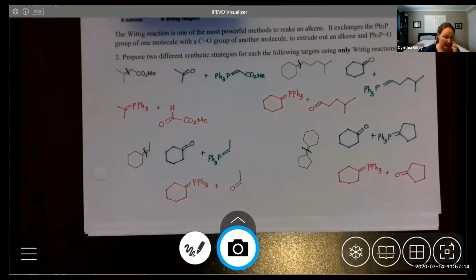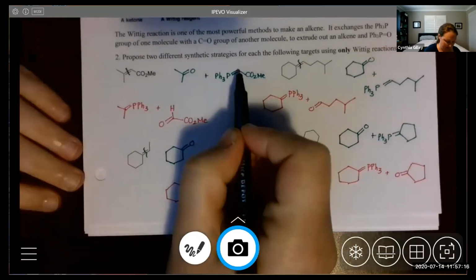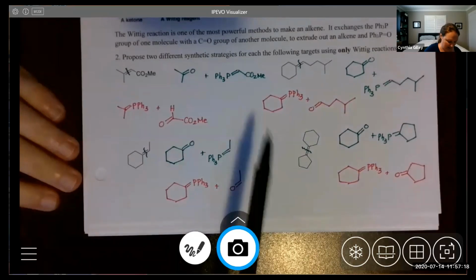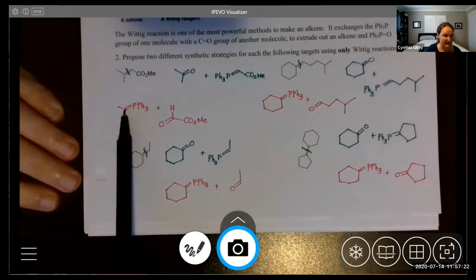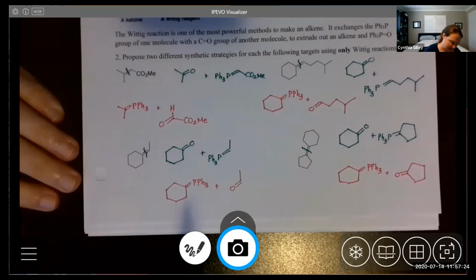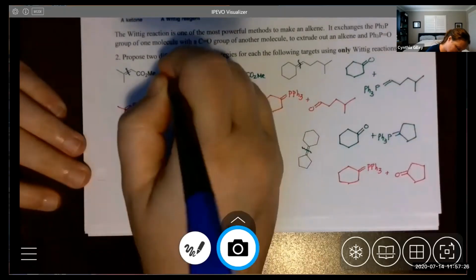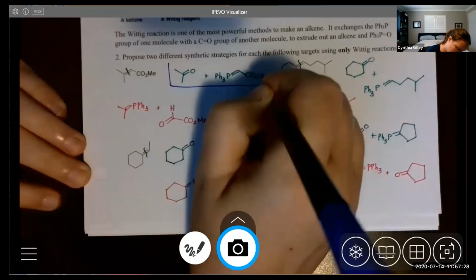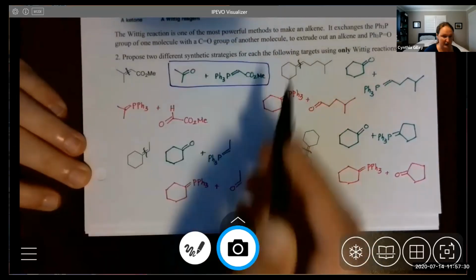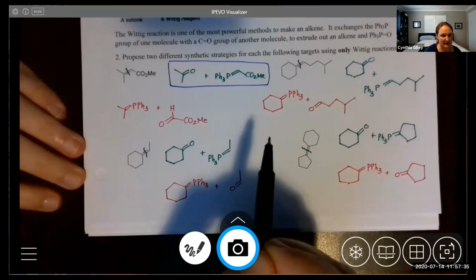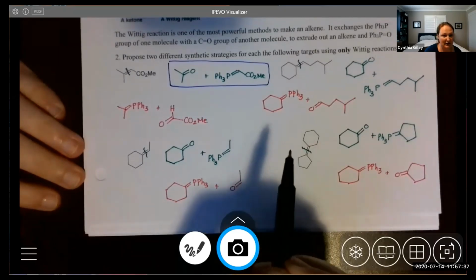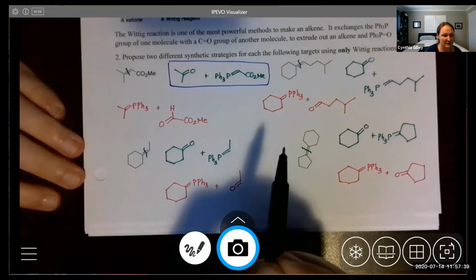For example, here it's attached to a primary carbon, versus over here the carbon attached to the phosphorus is secondary. So this is actually a better choice in terms of ease of preparation of the ylide, because it comes from a less sterically hindered reactant.